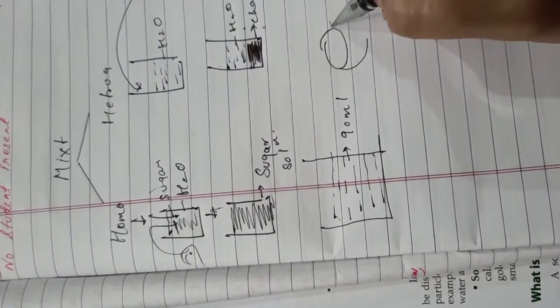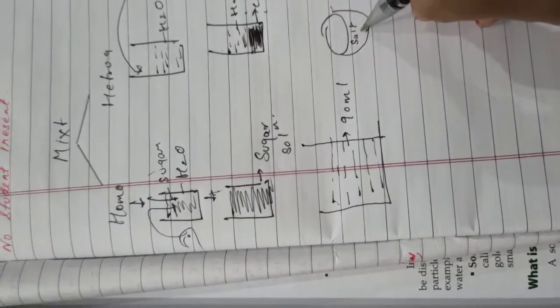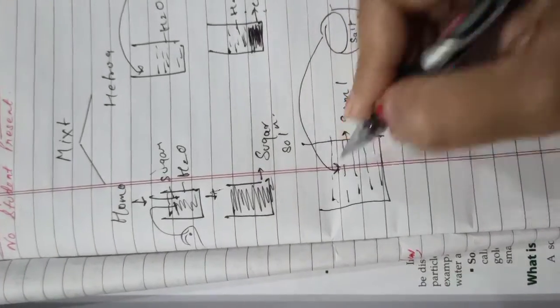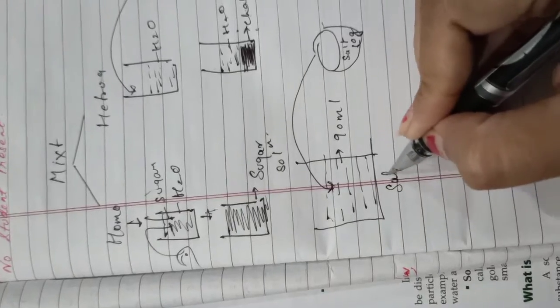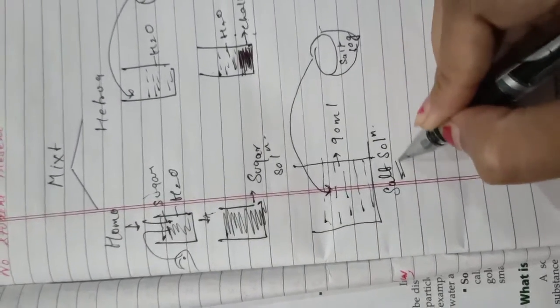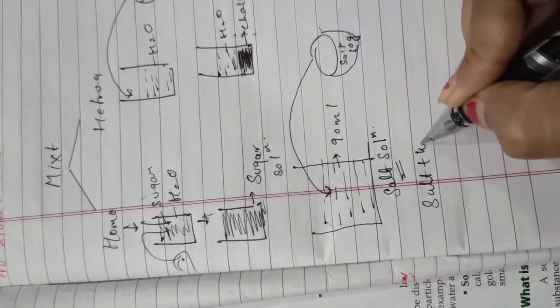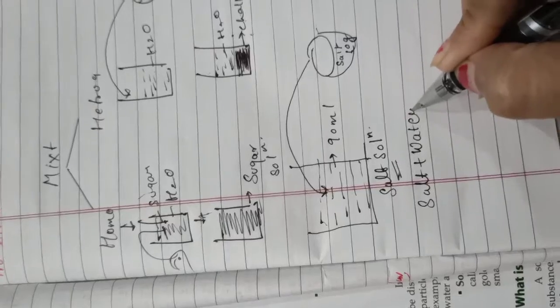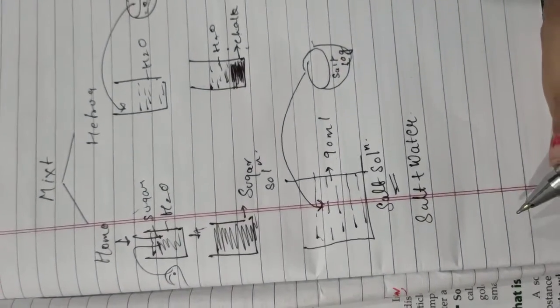In one bowl, I have taken salt, 10 gram. This I am putting in here. After this, it forms a salt solution. How does it form a salt solution? Salt plus water, both are mixed together. Then it forms a salt solution.